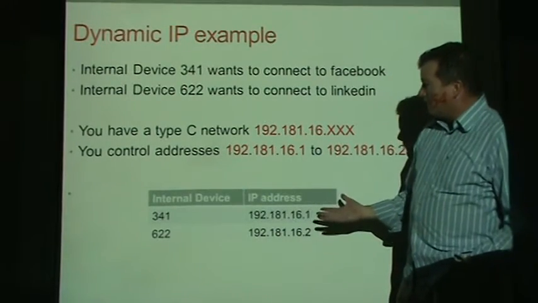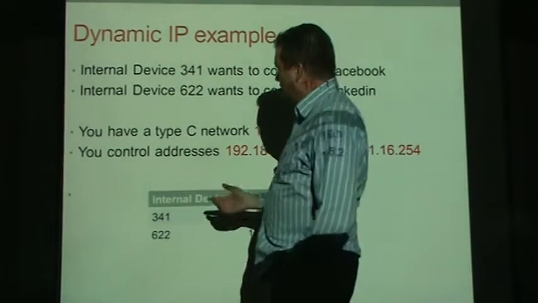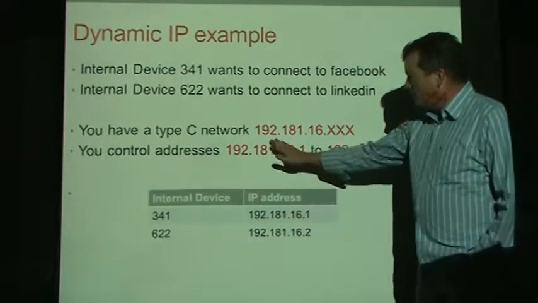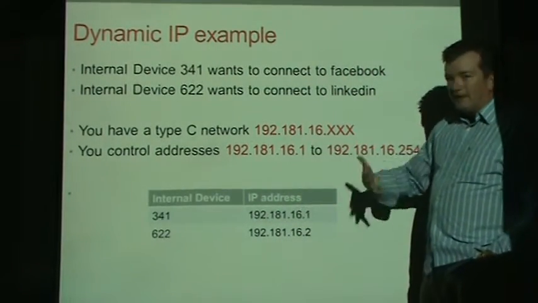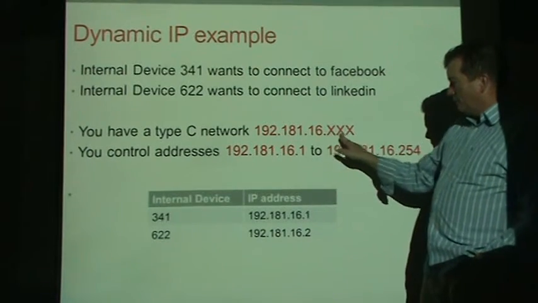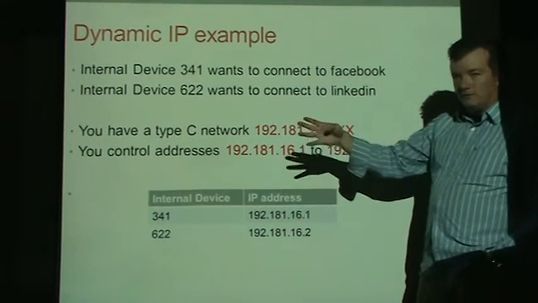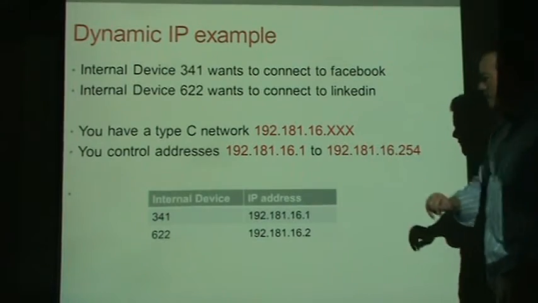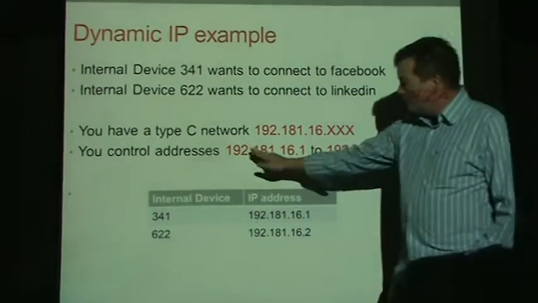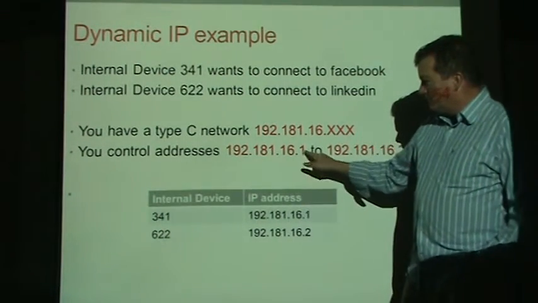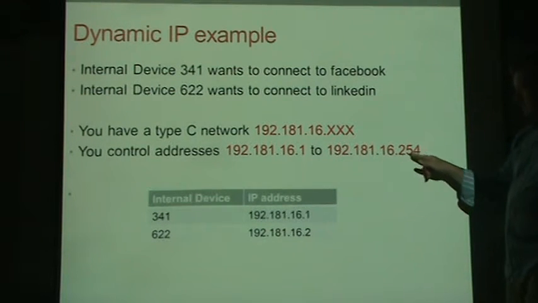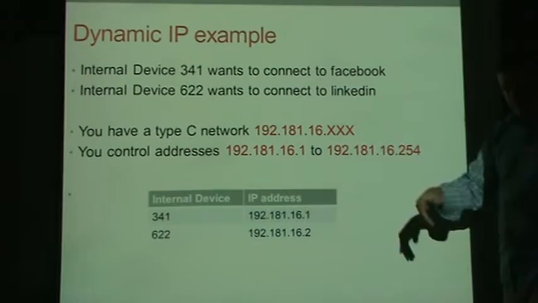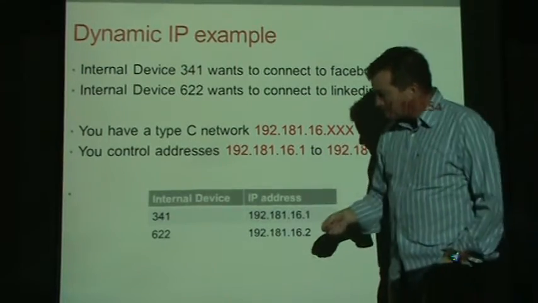Let's say, for example, we were given 192.181.16. That's our Type-C, and then we get to fill in 1 to 254 at the end. So we're given the numbers 192.181.16.1 to 192.181.16.254. We have those IP addresses, which we own.